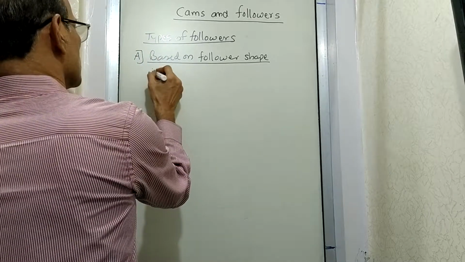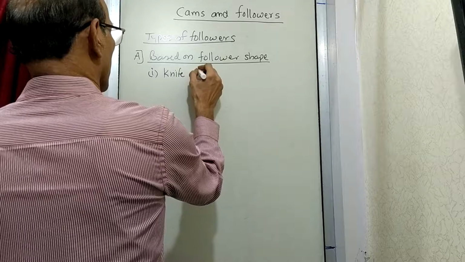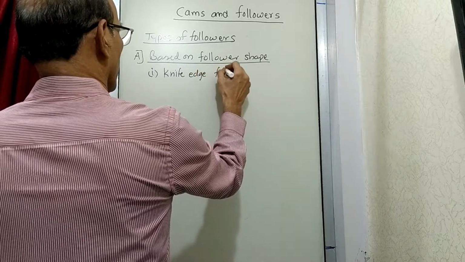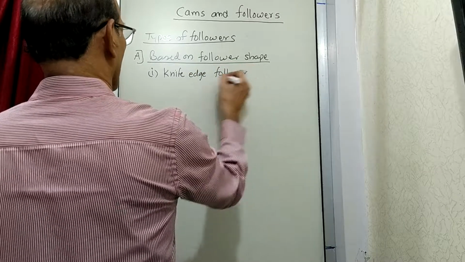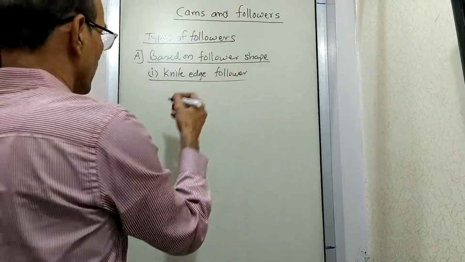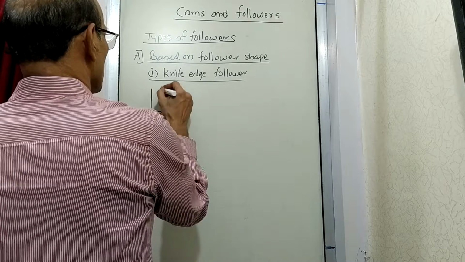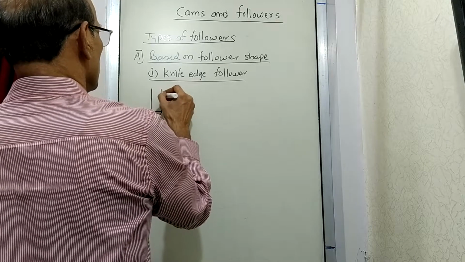So the first is knife edge follower. So what we had drawn earlier, that was a knife edge follower which was having a shape, you can say something like a pencil.